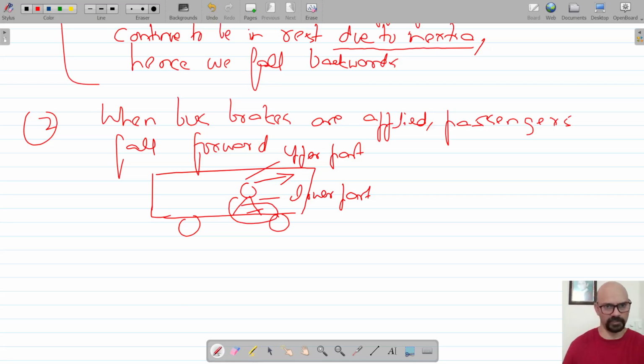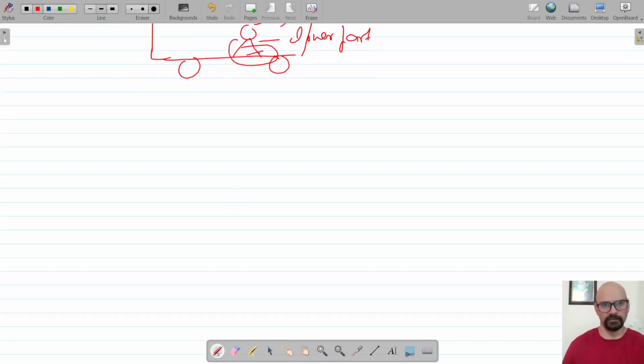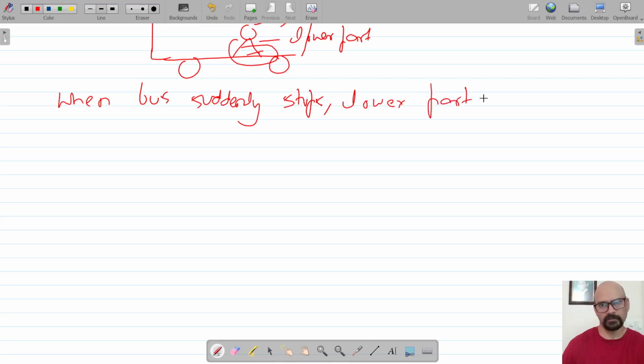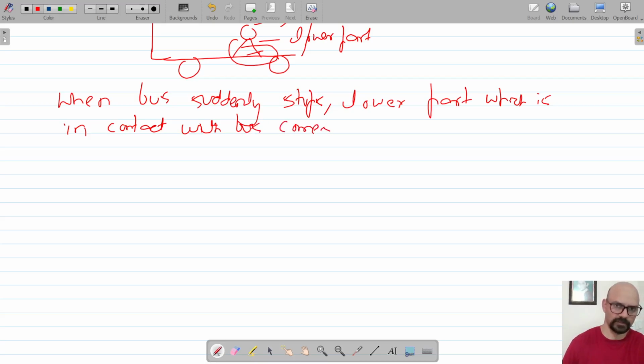So this is because of the inertia as well. We can give the explanation that when a car or bus suddenly stops, the lower part which is in contact with the bus comes to rest.